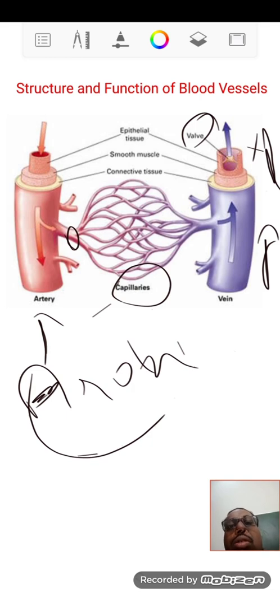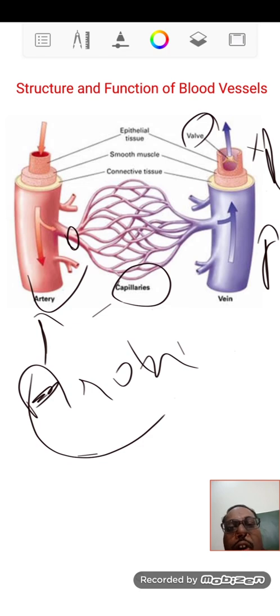Because the tissues are very, very small, and it is not possible for these bigger structures to enter. So in order to maintain the entry, plus maintain the pressure, is very important.